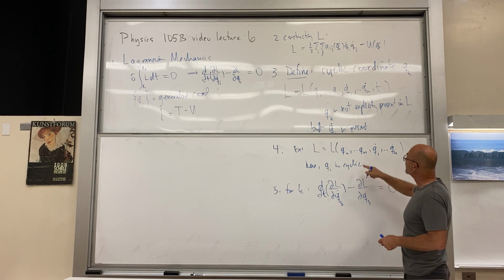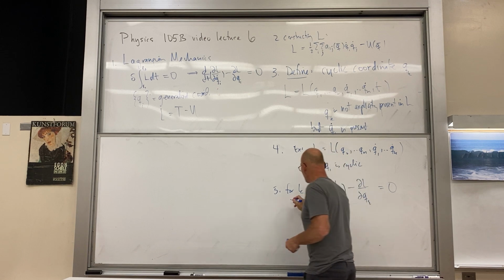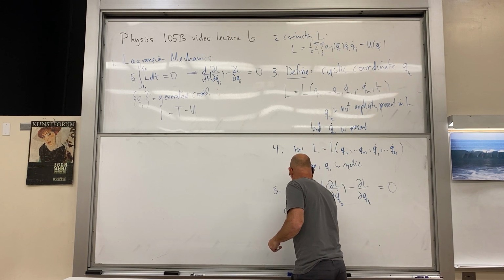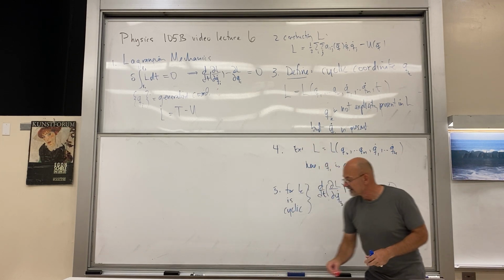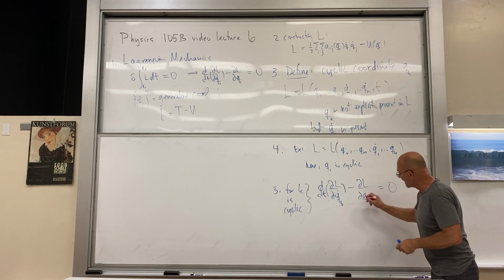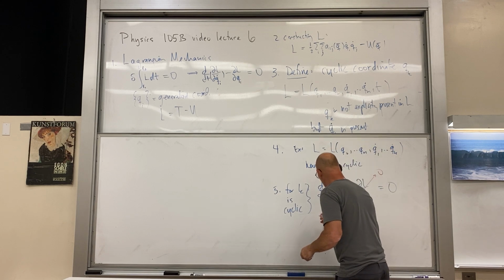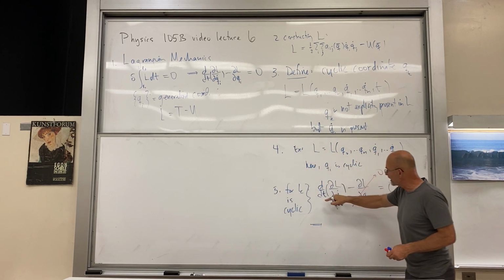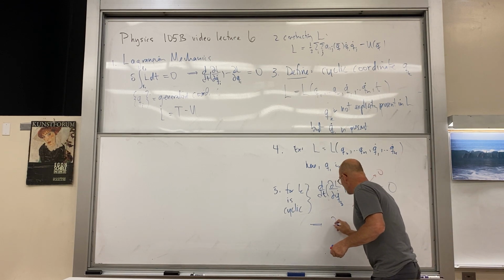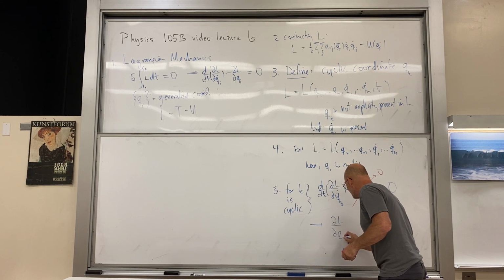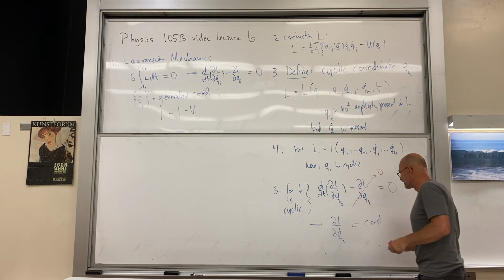But q sub k is cyclic, so for k being cyclic, this must be identically 0. The complete time derivative of partial L partial q_k dot is equal to 0. Therefore, partial L partial q_k dot is equal to a constant.